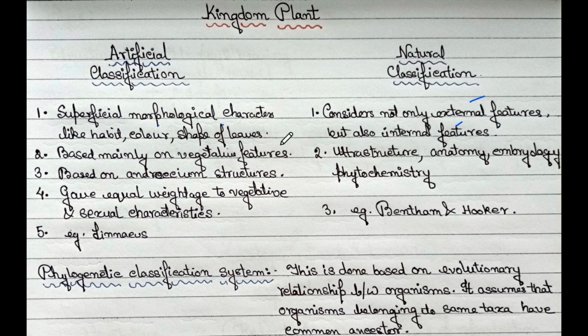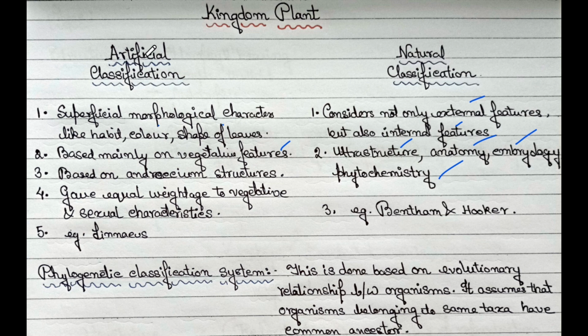Artificial classification is mostly based on vegetative features, and vegetative features have a lot of dependence on the habitat. So this might lead to a false classification. Whereas natural classification is based on ultrastructure of the cell, anatomy, embryology, phytochemistry.